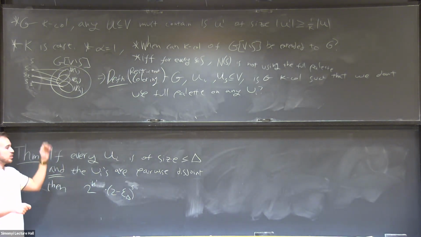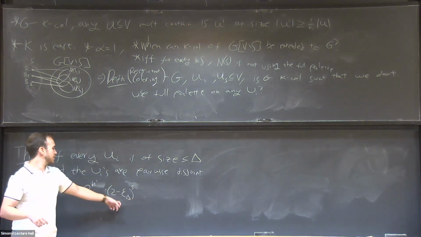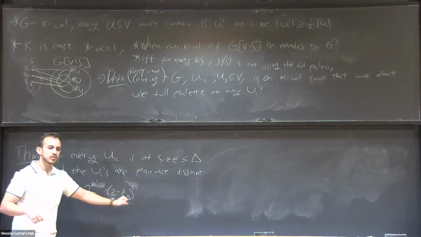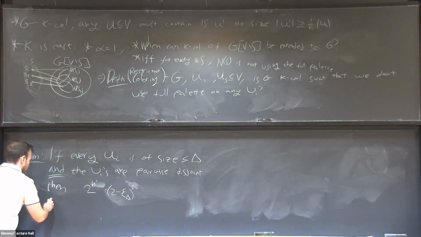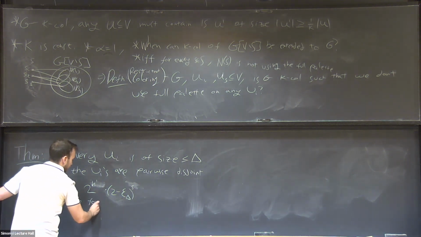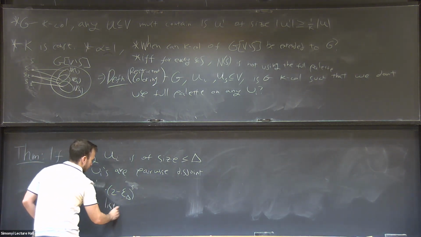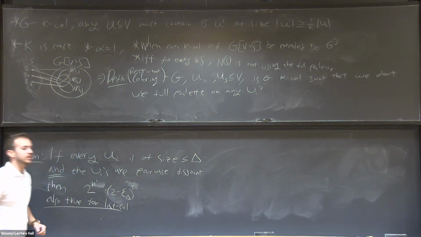So if I would be able to get this type of thing with a linear S and everything disjoint and of a small size, then I get some improvement. And actually, this is a bit more work, but this is also true for list coloring. We'll need this at some point.